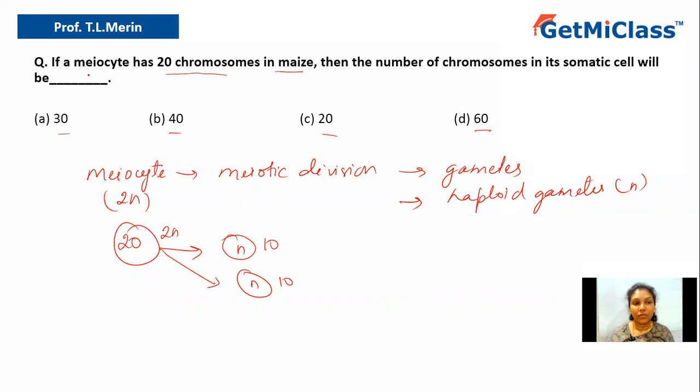But then what is the question saying? If a meiocyte has 20 chromosomes in maize, then the number of chromosomes in its somatic cell will be. So if a meiocyte is having 20 chromosomes, what about the somatic cell? Somatic cells are nothing but the vegetative cells.